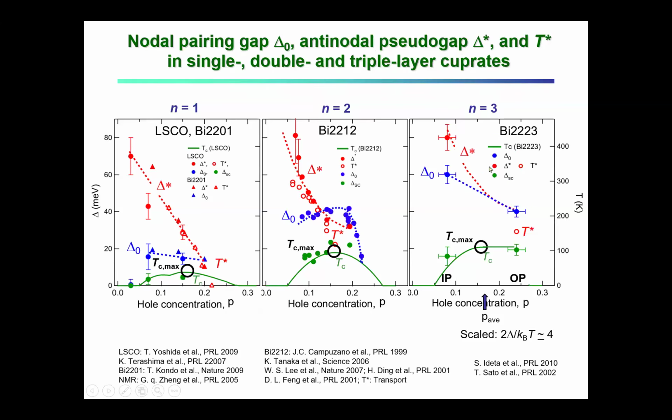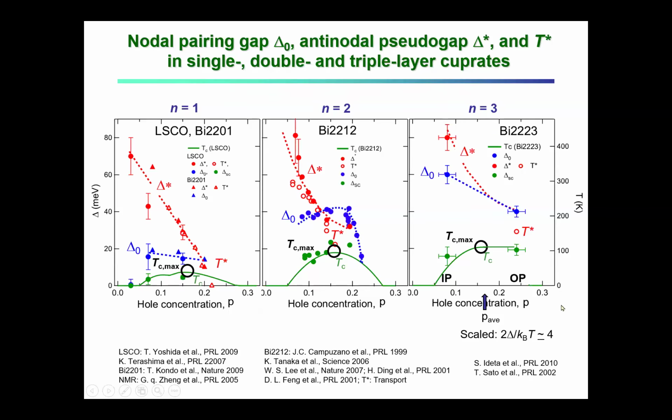And we have plotted the superconducting gap defined by the nodal pairing gap and the pseudo gap for single, double, and triple layer.